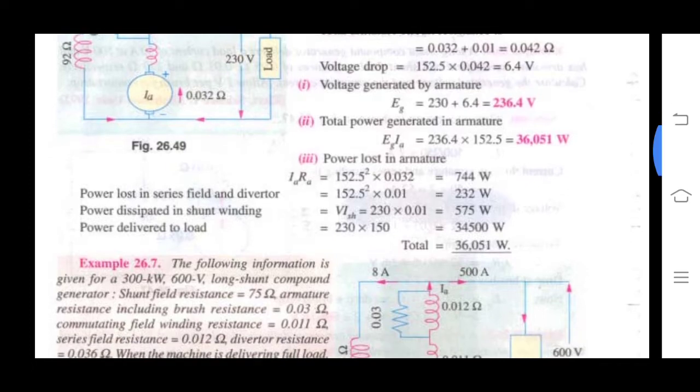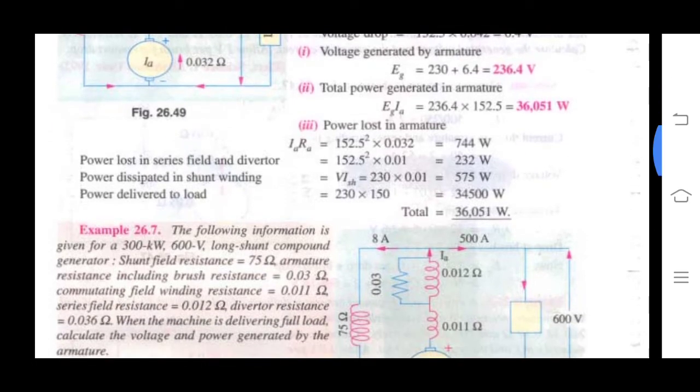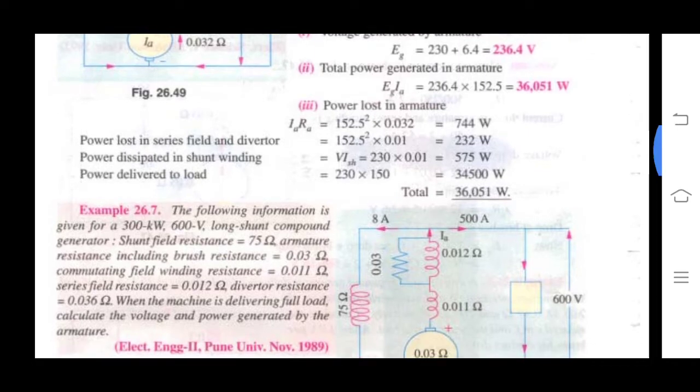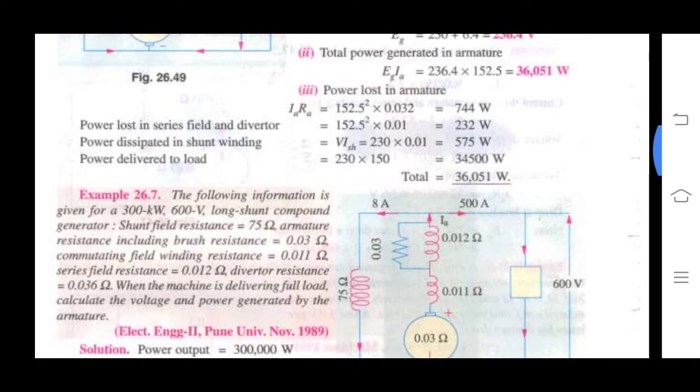Power lost in the armature circuit, IA squared RA, equals 152.5 squared into 0.032, that equals 744 watts.